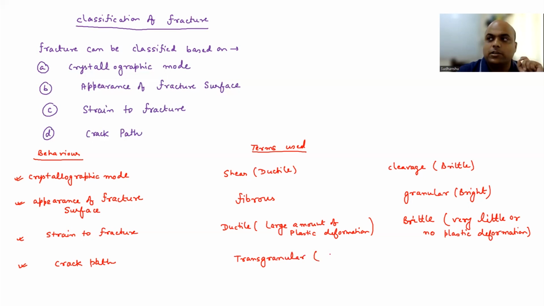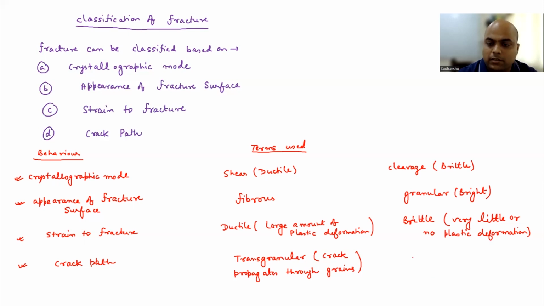When we talk about the transgranular crack path, that means the crack is propagating through inside the grain. Okay. So the crack propagates through grains. So this is transgranular, or sometimes we call it intragranular.